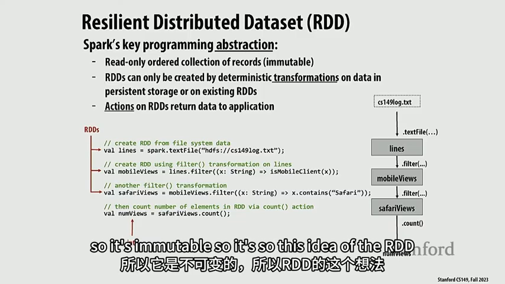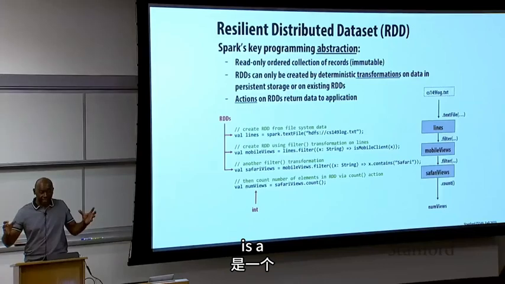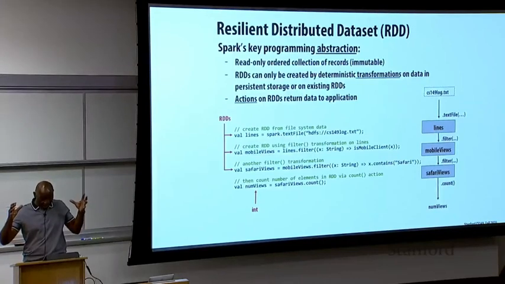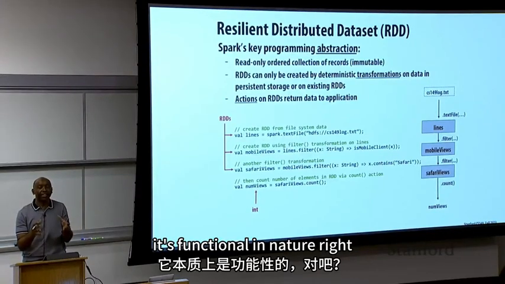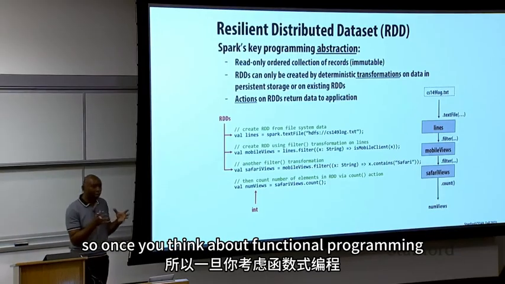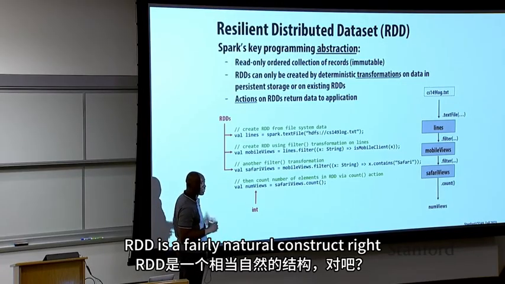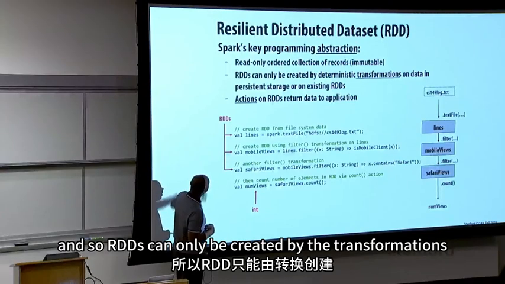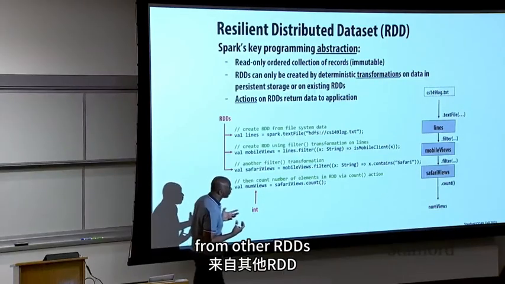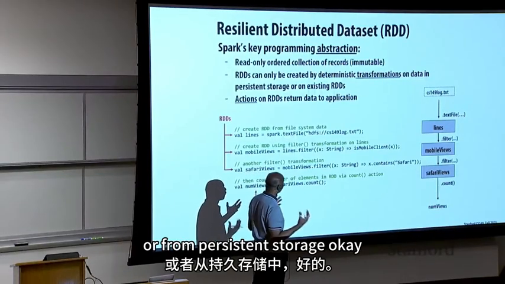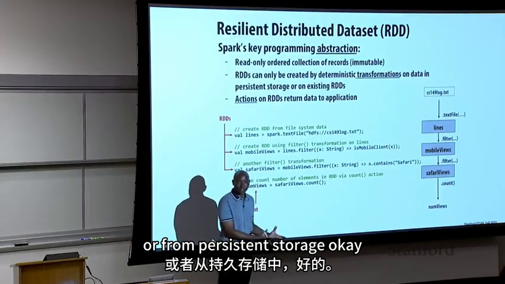This idea of the RDD is functional in nature, right? So once you think about functional programming, RDD is a fairly natural construct, right? And so RDDs can only be created by transformations from other RDDs or from persistent storage.